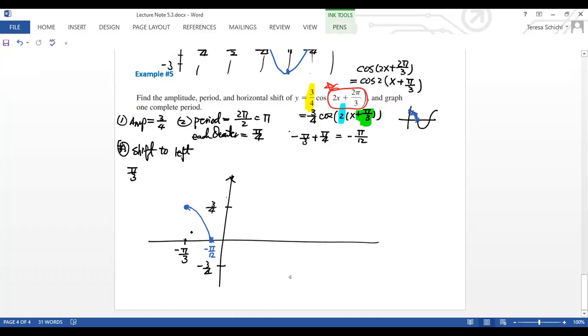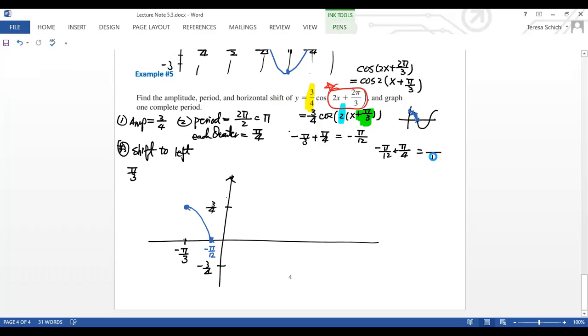Okay, now the next one's here. You add another pi over 4, right? So let's see what we have when we add another pi over 4. Now it's negative pi over 12 plus pi over 4. So what do we have here?